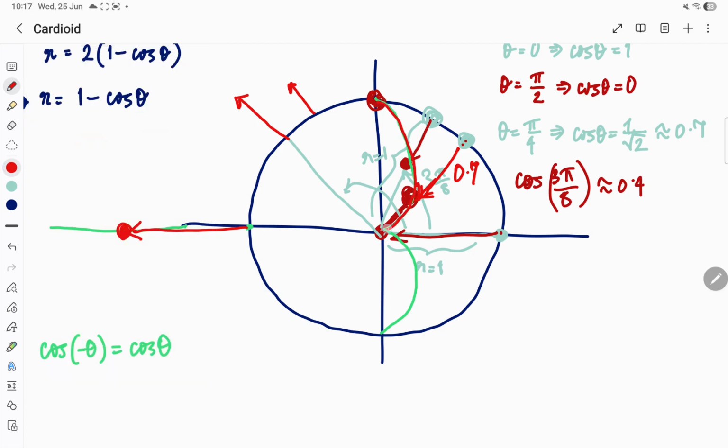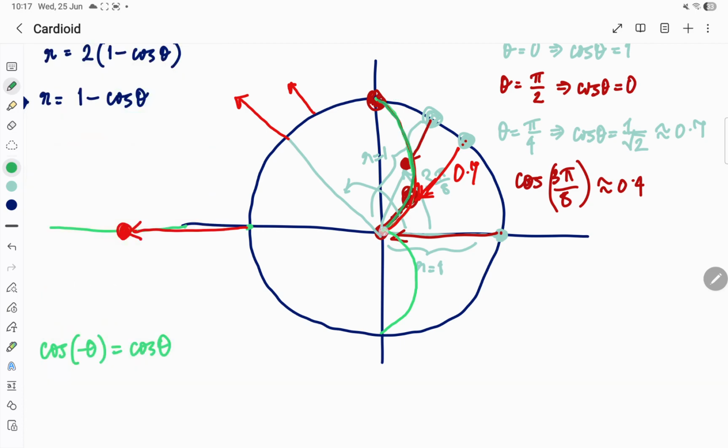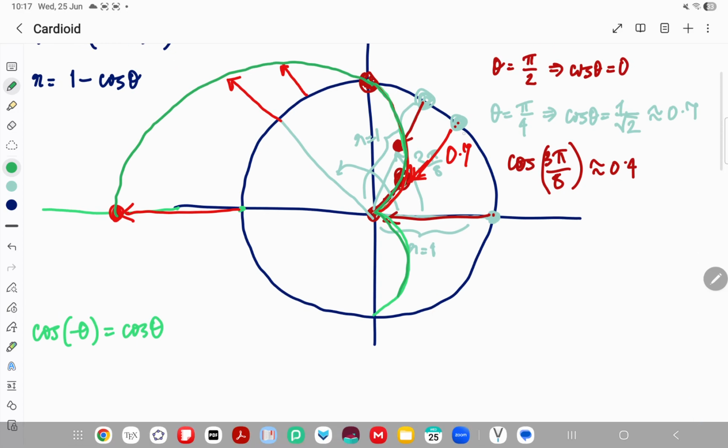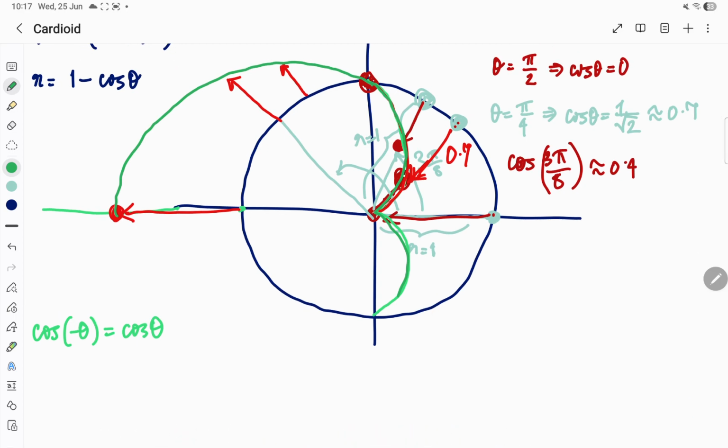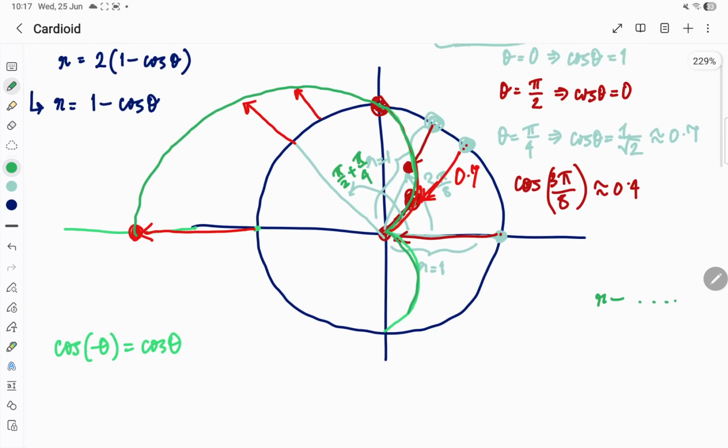So this shape will go like this. But I am using these values here. You can also take some angles like this and calculate their cosine, let's say this is pi by 2 plus pi by 4, and the r minus that value you can put here.